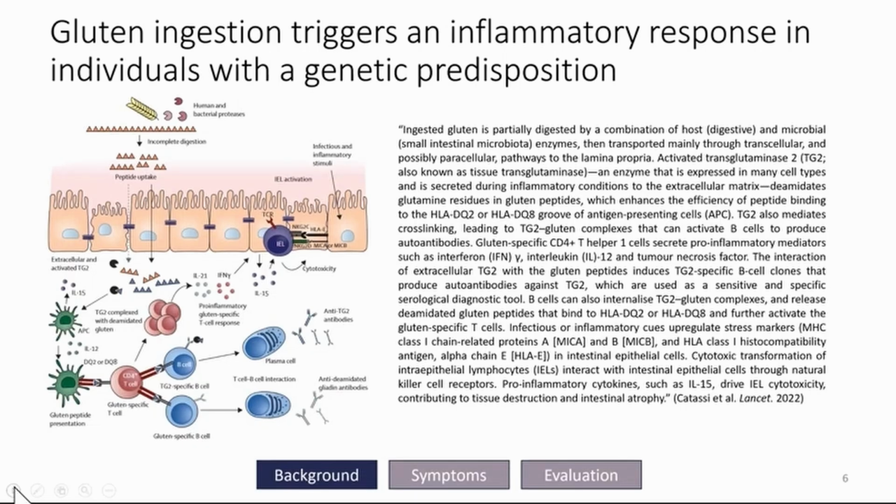And that interaction creates a few things. You get these gluten-specific B cells that start releasing antibodies, these anti-deaminated gliadin antibodies, which you can assess for in various tests. And it also starts releasing some inflammatory mediators, like IL-15, that cause a lot of inflammation. And the inflammation is really what drives a lot of the symptoms.